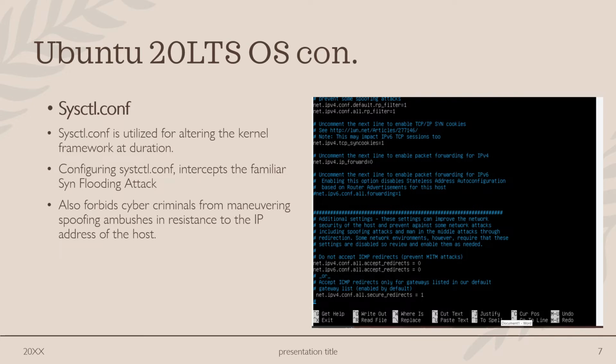Configuring this feature intercepts the familiar SYN flooding attack, which is a form of denial of service in which an attacker initiates a connection to the server without finalizing the connection. It forbids cyber criminals from maneuvering spoofing attacks against the IP address of the host. So it does stop the denial of service.